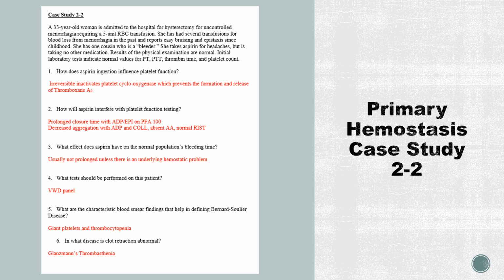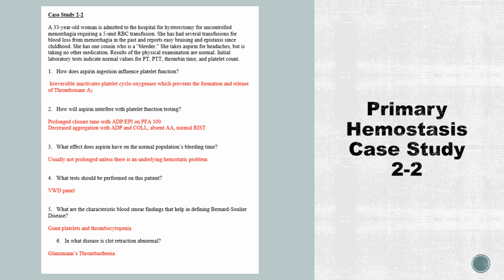What effect does aspirin have on a normal population's bleeding time? Well, honestly, if it was a problem, they wouldn't allow people to buy it over the counter. Really, the only time that aspirin is typically a problem is if a patient takes too much of it or they have an underlying hemostatic problem.